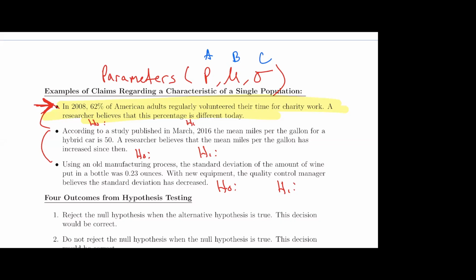Nowhere in the problem did it ask us about the mean. If you actually read the problem, it's talking about percentage. So what is percentage? Well, that's P over here. So that means our parameter is P.